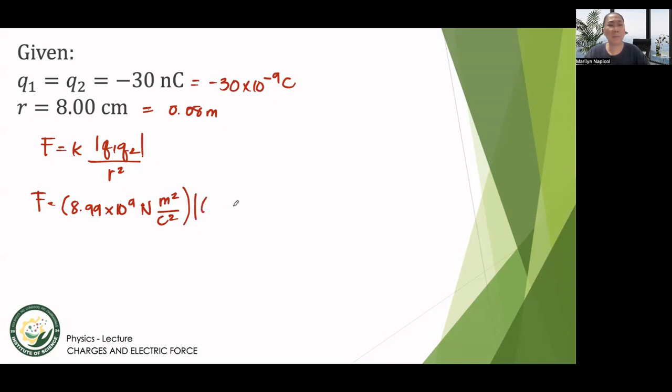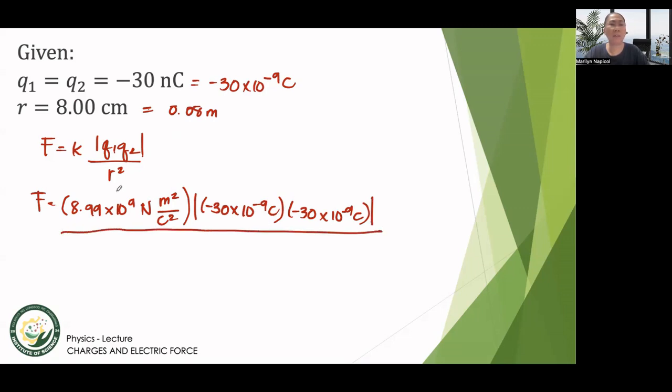Okay, then times, negative 30 times 10 raised to negative 9 Coulomb. And then another one, negative 30 times 10 raised to the negative 9th Coulomb, absolute value. And then, di-divide natin siya. Yung sagot po dito, i-divide po natin sa R squared, which is 0.08 meters, and then i-square po natin siya.